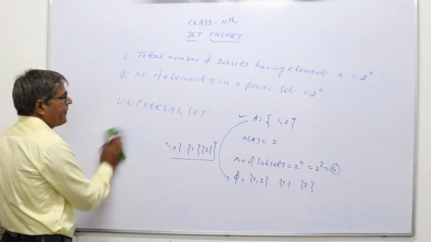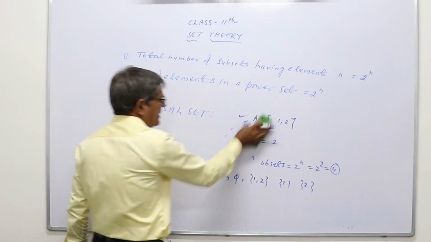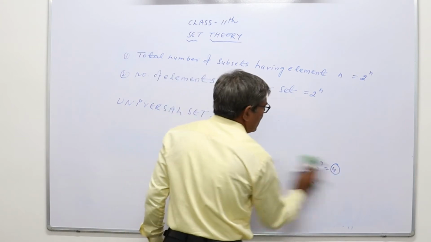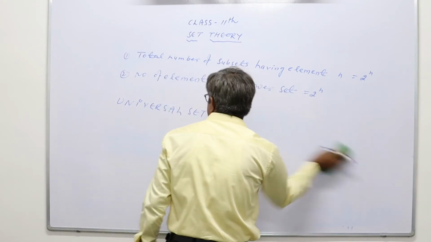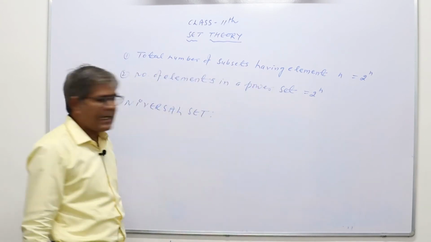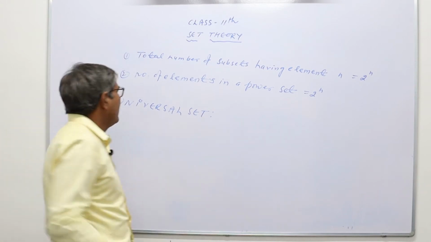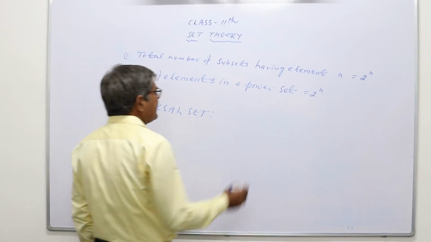Now the next topic is the universal set. So what is the universal set? We have learned about the subset of a given set. So what will be the universal set?